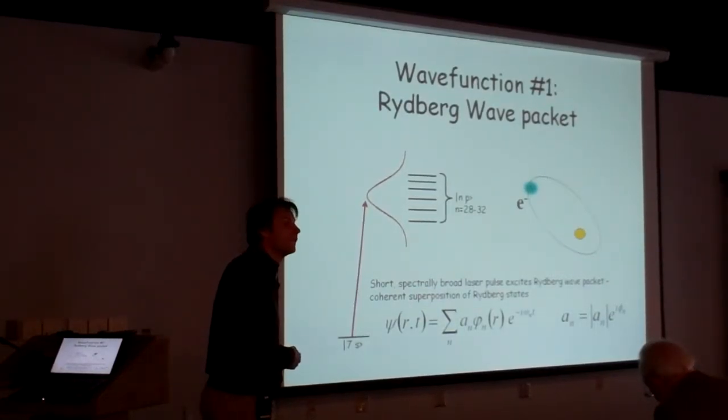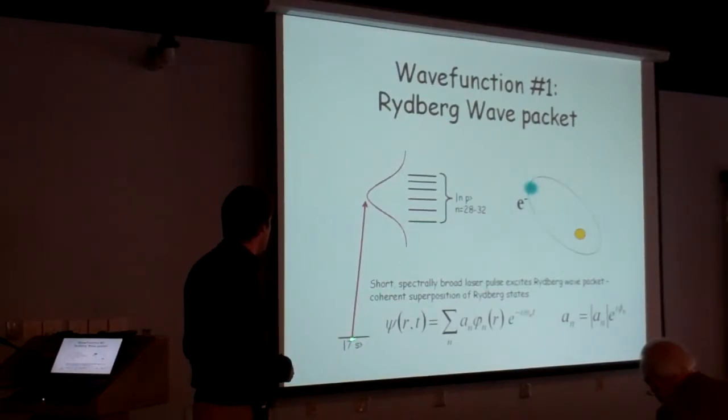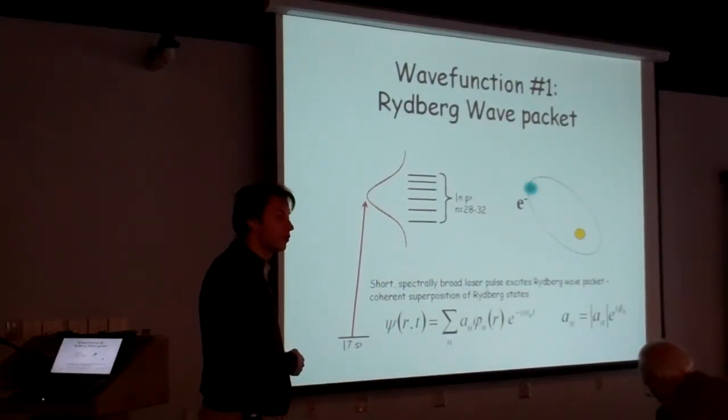Yeah? I'm sorry, I'm still not getting how you can excite a wave function that's spread over all the states. Aha. Okay, so imagine that I take a narrowband laser and I tune it from this state to this state. So this diagram is a Grotrian diagram where I'm assuming that these are all the S states, which I'm ignoring up here. Then in this column here are, let's say, all the P states, which are the dipole allowed transitions.